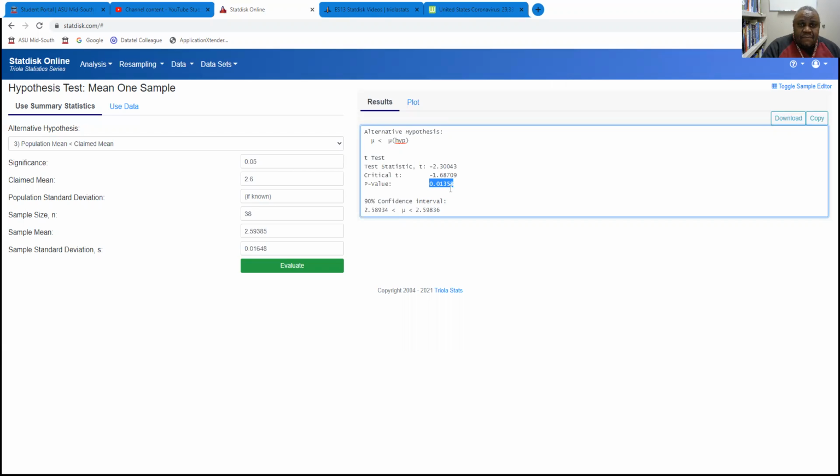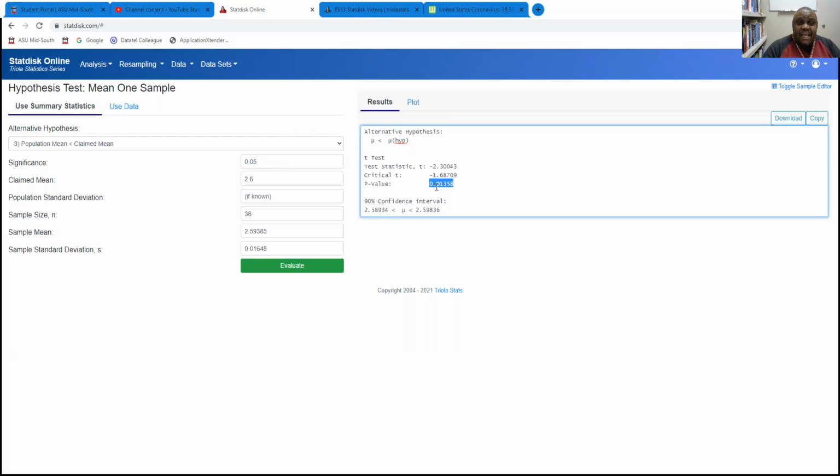All right, now the next thing they ask for is state the conclusion, whether to reject the null or fail to reject the null hypothesis. Again, the p-value must be less than or equal to your significance level in order for you to reject the null hypothesis. Otherwise, you fail to reject the null hypothesis. So if we look at 0.0136, that is less than 0.05, which is our significance level.